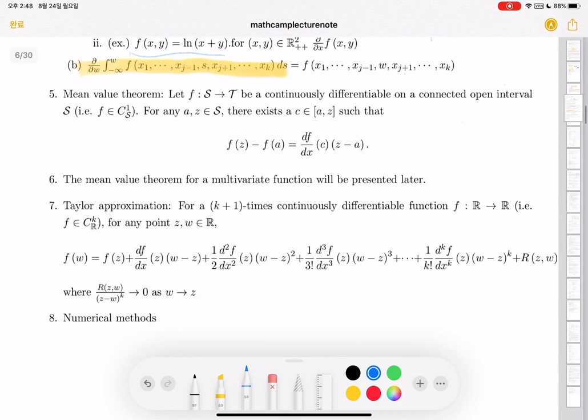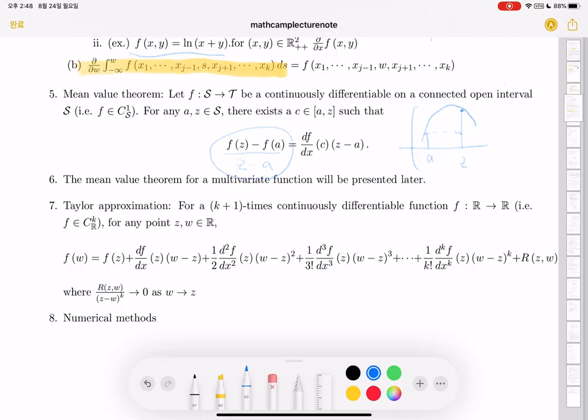Mean value theorem. The mean value theorem tells you that here, suppose this is your a, this is your z. Then bring z minus a in here, so the left hand side is f of z minus f of a over z minus a.